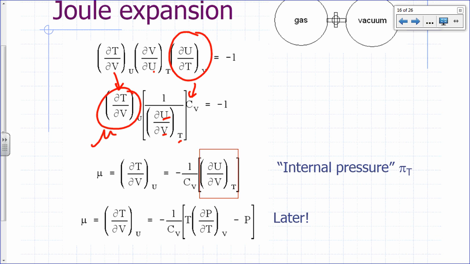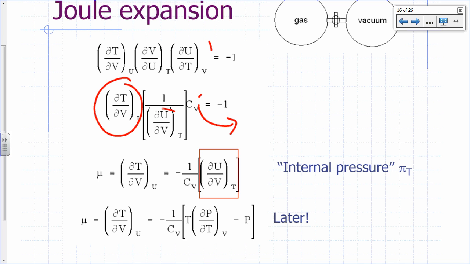And so you can see that if you rearrange this, you can solve for mu. I'm just going to move my Cv over to the other side and this derivative over to the other side.